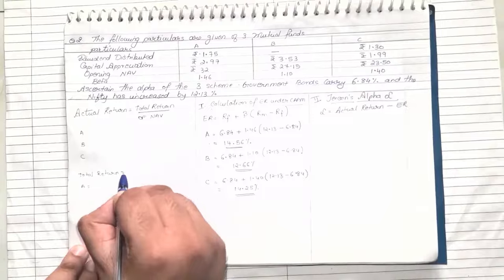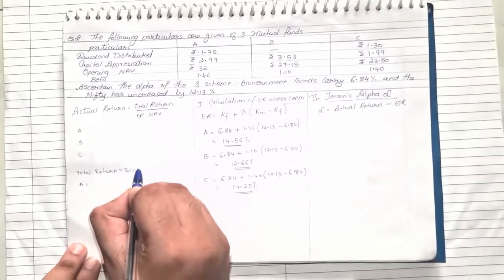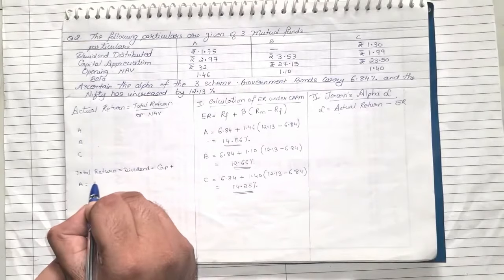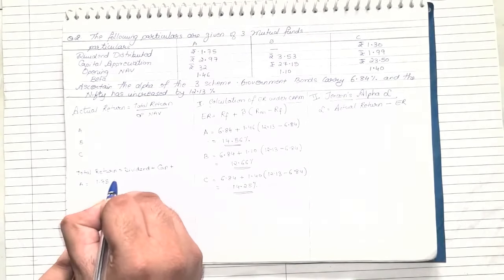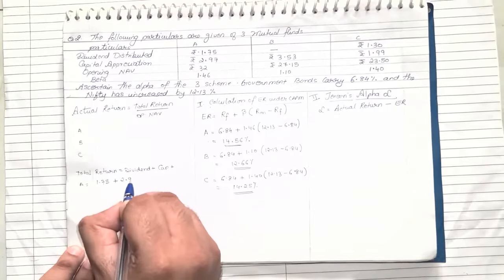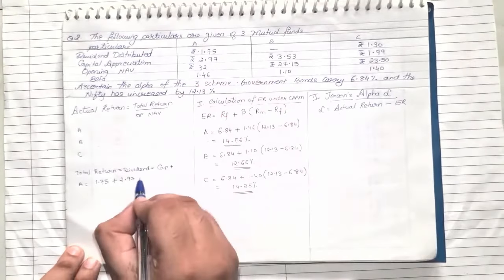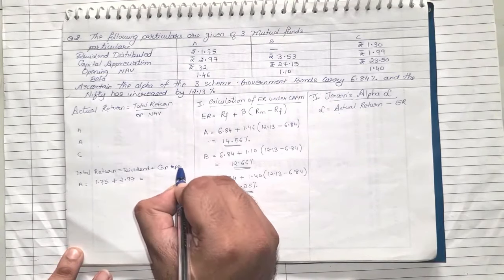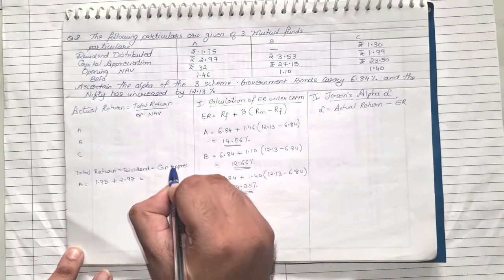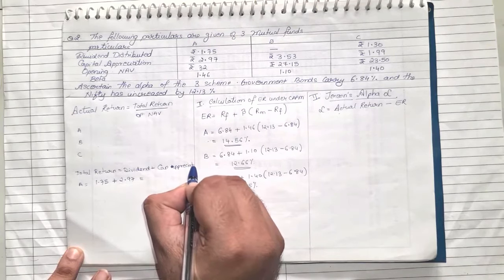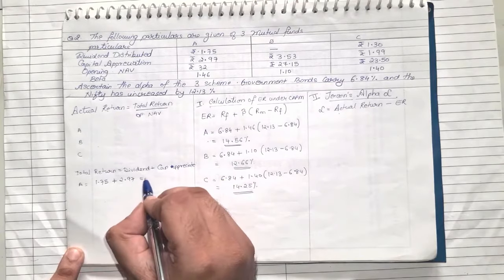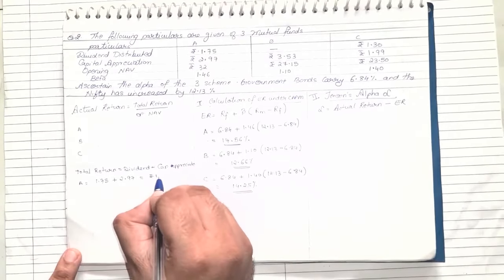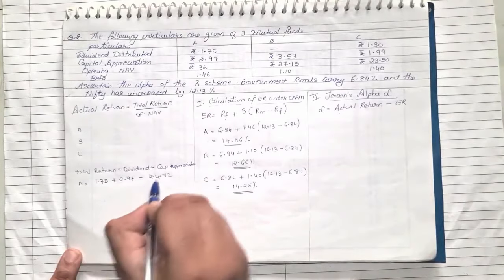So I'll note it here, it's nothing but dividend which has been distributed plus the capital which has been appreciated. So for A it was 1.75 plus 2.97, that is dividend plus capital appreciation. You add up, which comes to rupees 4.72.